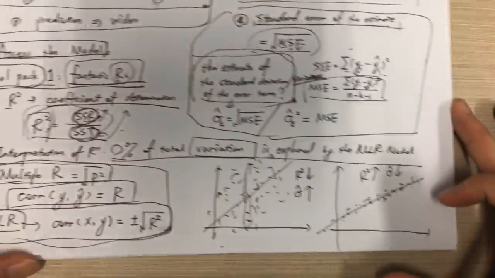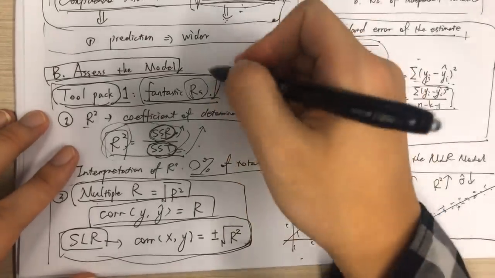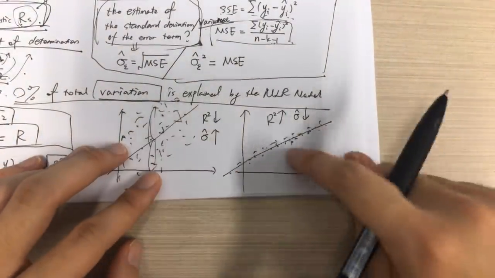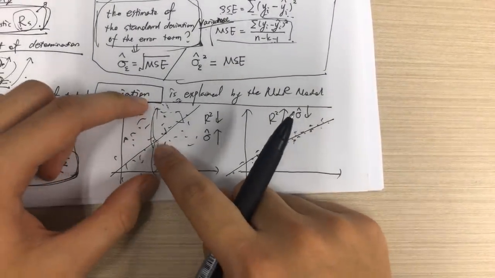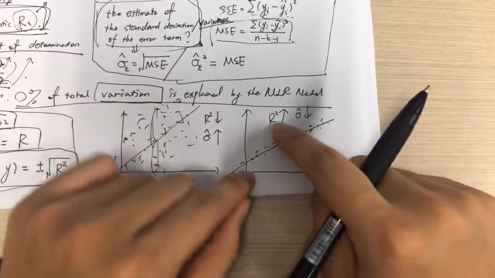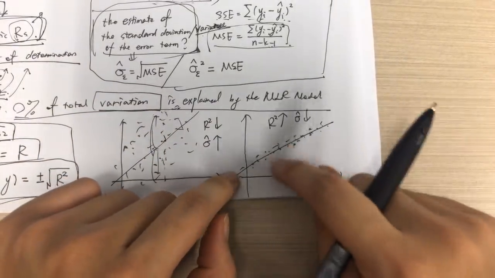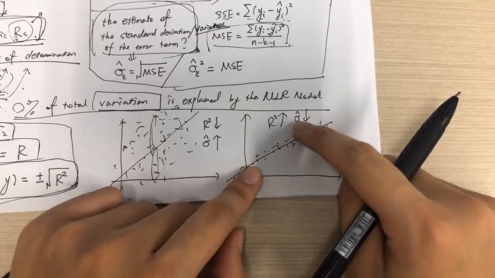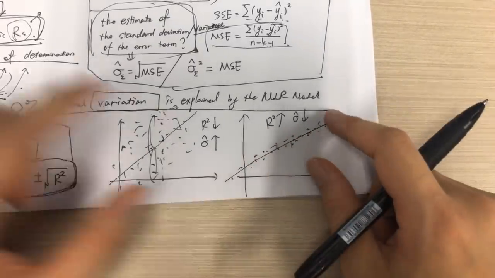So you can see the first two pack, our fantastic R's, can help us assess whether or not the prediction is precise, right? Because if the prediction is precise, we're going to have a higher R square because the model interprets most of the variation in Y, and a lower standard error in your prediction.